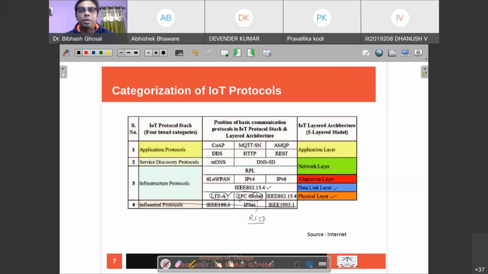and EPC Global. Now, sitting on top of that is the data link layer, which will ensure error correction, that is, that the data is transmitted properly without any errors. So this protocol will take care of error checking, etc. And then comes the adaptation layer. We have discussed 5 layers, and I cover adaptation and data link together.